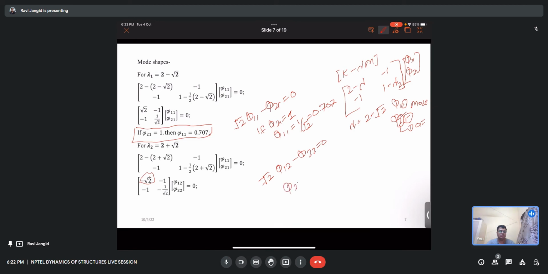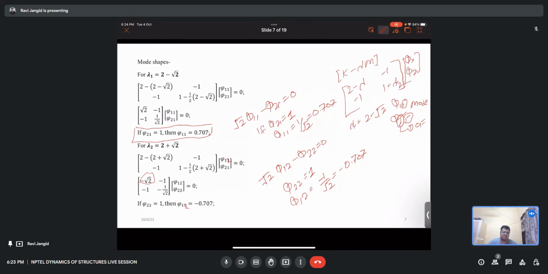So if phi 22 is 1, phi 12 is coming out to be minus 1 by square root 2. That is the same value but in the opposite direction. That is minus 0.707.